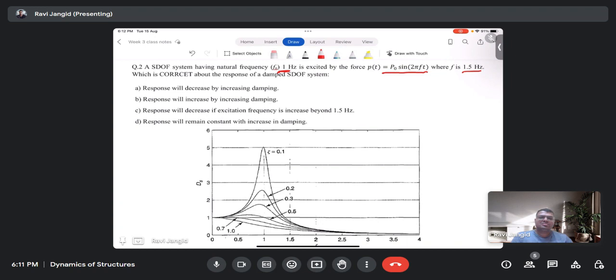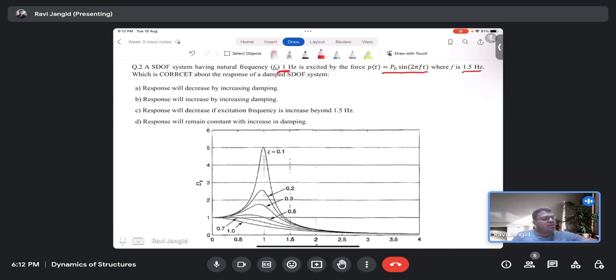It is still on the left side of the peak, I think. If it is still on the left side of the peak, then it will be higher only. Yes, if your omega by omega n is less than 1, then the response is increasing on the left side, and if omega by omega n is greater than 1, then your response will start decreasing.